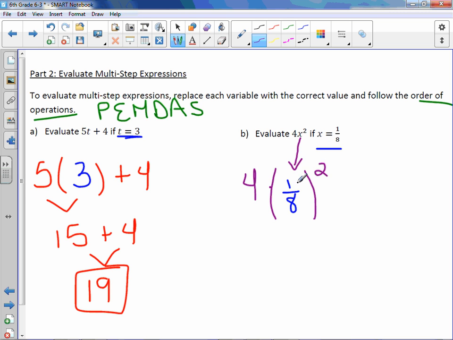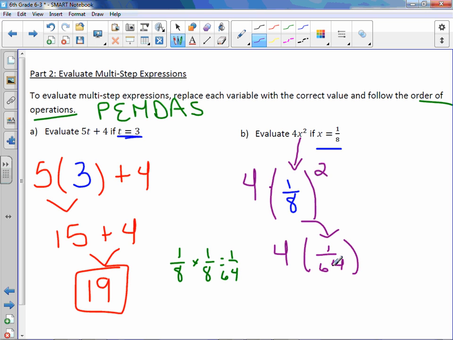I have 1/8 to the second power, which means I have 1/8 times 1/8, which equals 1 over 64. So this is 4 times, bring this down, 1 over 64.